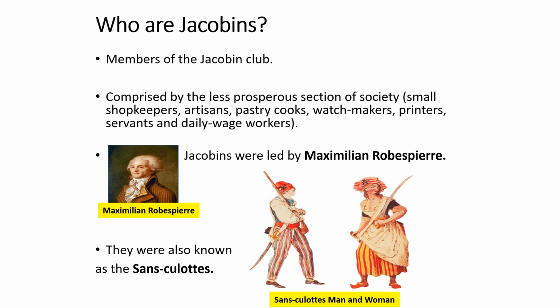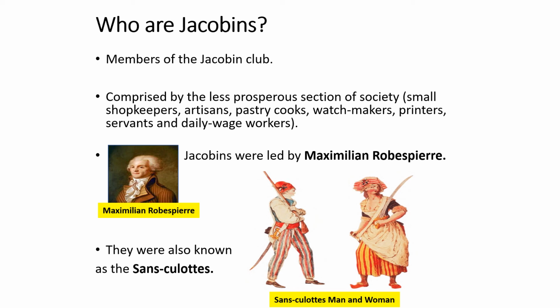The literal meaning of sans-culottes is those without knee breeches, that is a type of trouser ending above the knee. During the time, knee breeches were considered a fashionable dress usually worn by nobles, which was significantly different from dresses worn by common people.